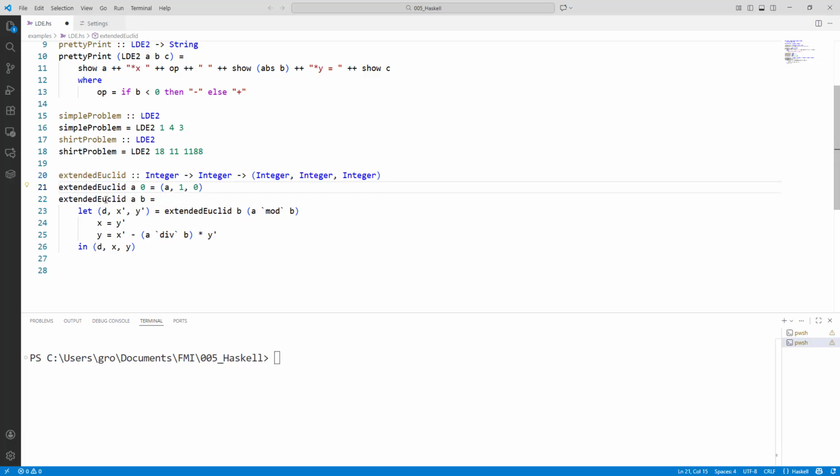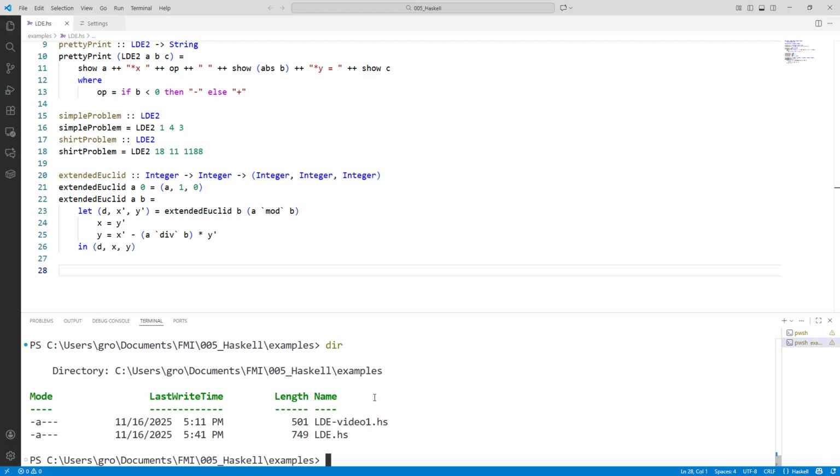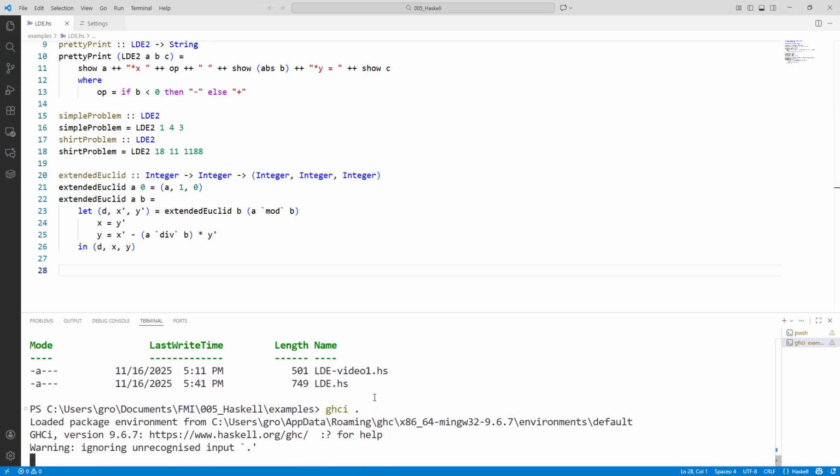So, just double checking everything, pressing Ctrl S, pressing G, pressing CD, and then I think we were in examples, and then pressing GHCi.